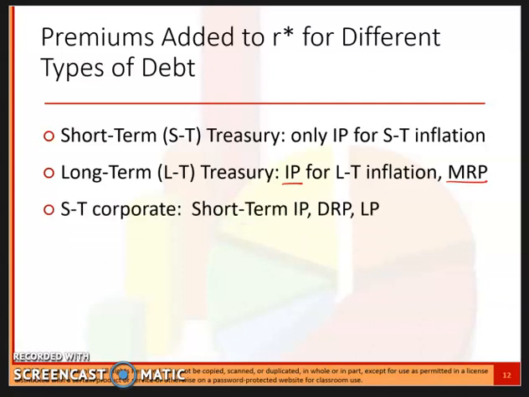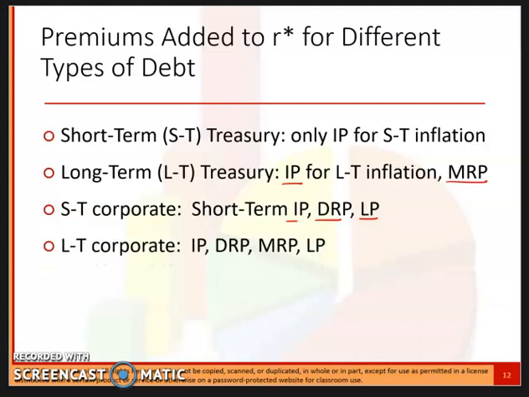A short-term corporate is going to have a short-term inflation premium, default risk premium, and a liquidity premium. Short-term corporates are way less liquid than our Treasuries. They're much harder to trade, much harder to convert.